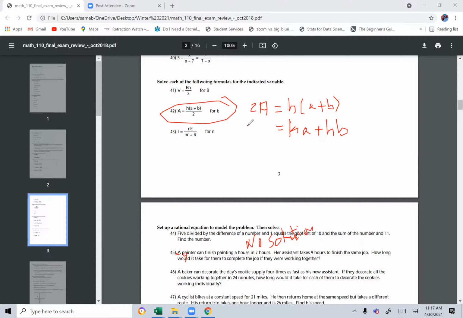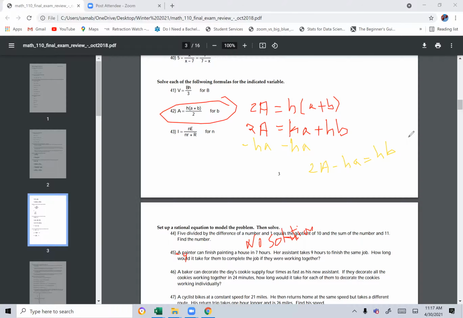We need to solve for B, guys, so you need to isolate the B. So to isolate the B, let's get rid of HA. So subtract HA from both sides. So I get 2A minus HA equals HB.